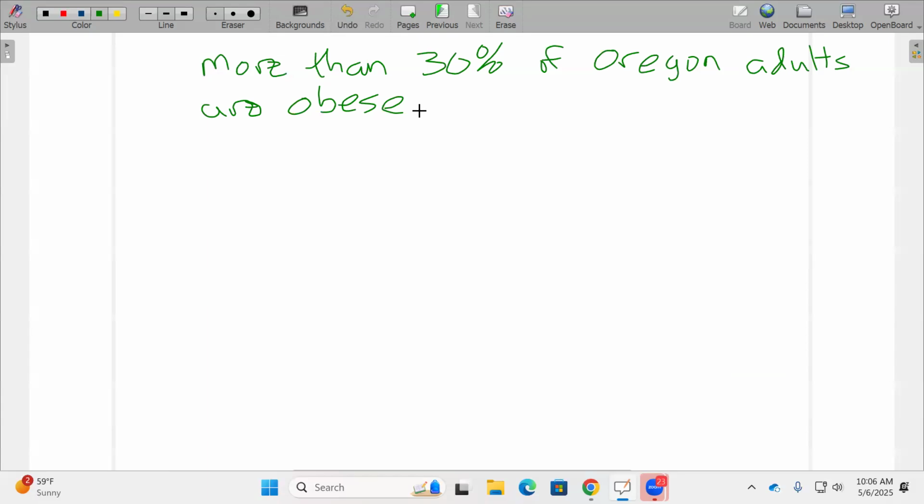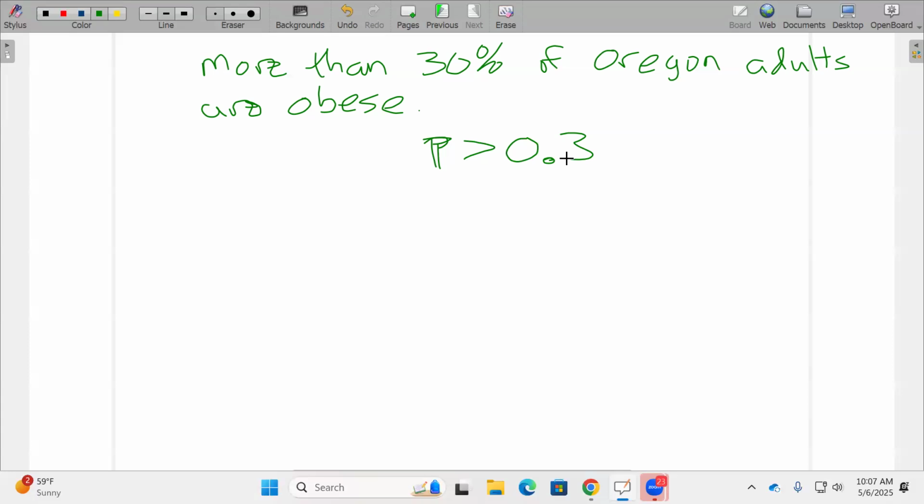The symbol for a proportion is a p. So here I'm saying p is more than, and I'm going to call it 0.3. Usually when we state it in symbols as a hypothesis, the proportion is stated as a decimal, not a percent. It's not a huge deal, but that would be a hypothesis in notation, where p represents the proportion of Oregon adults who are obese.